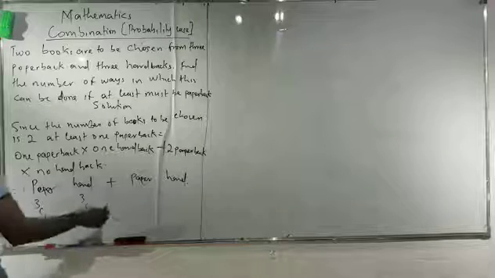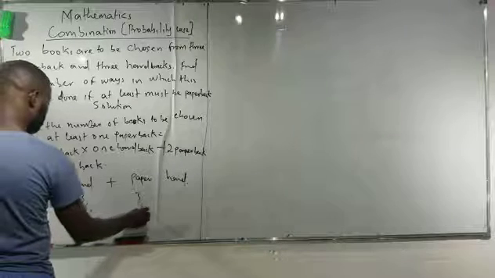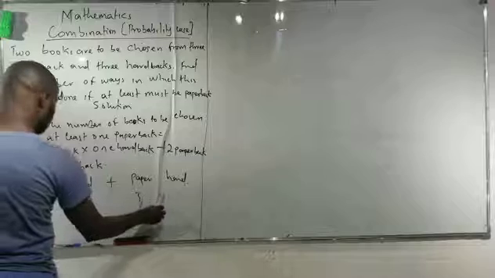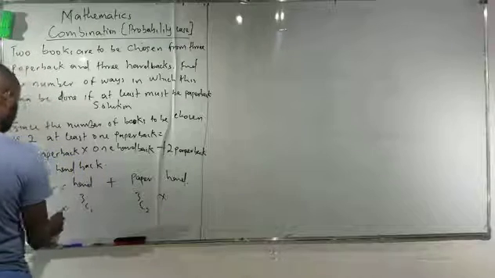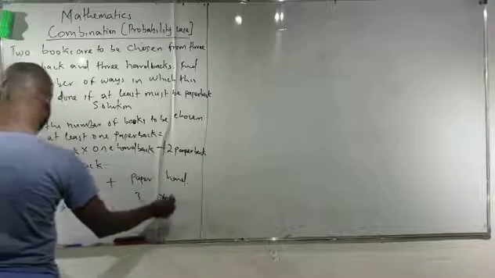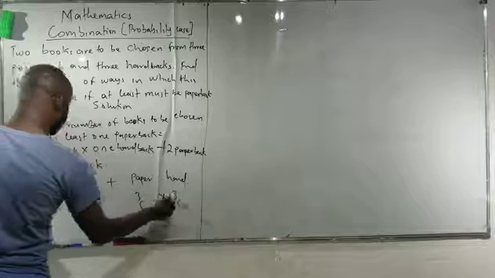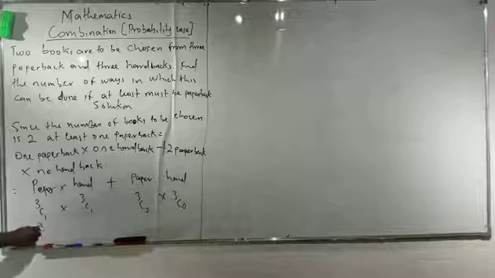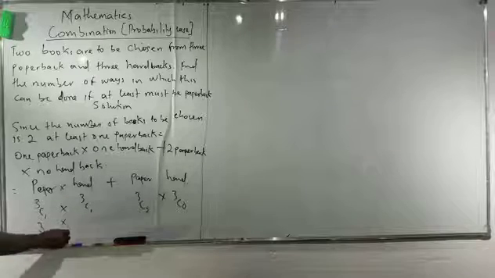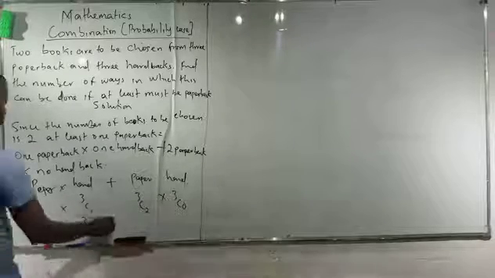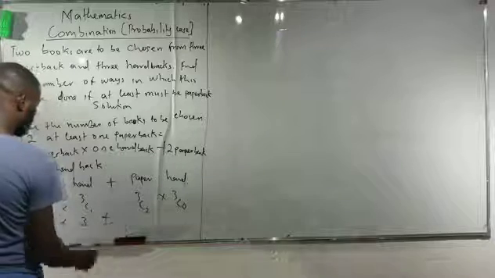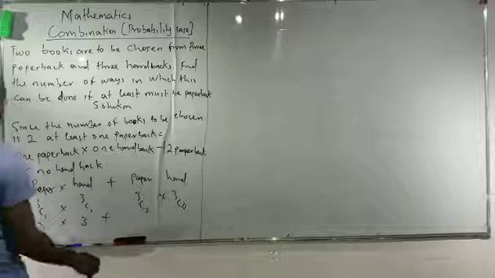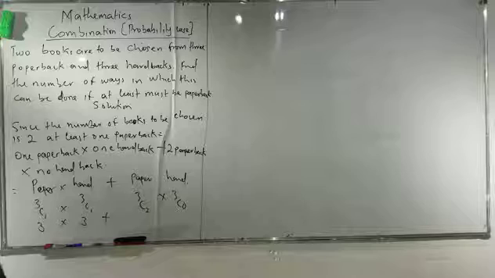Now, it means 3 combine 2, and this is going to be multiply, and 3 combine 0. By so doing this one will be 3, this one will be multiplied by 3, and plus this one will be 2 combine this, that will be 3.